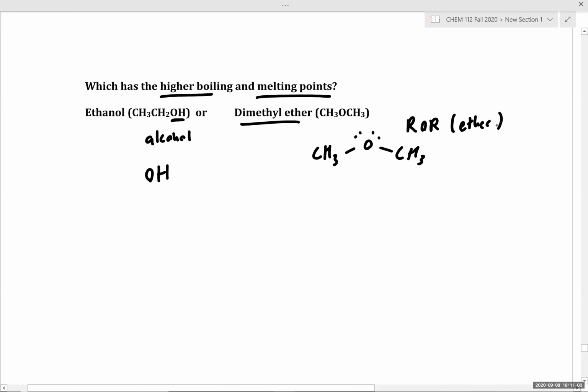Based on our discussion, which of these 2 substances would have the higher boiling point? Dimethyl ether, would you be able to provide an explanation? Because it has the 2 lone pairs accepting. So it has acceptors, that's correct. Does it have any donors?